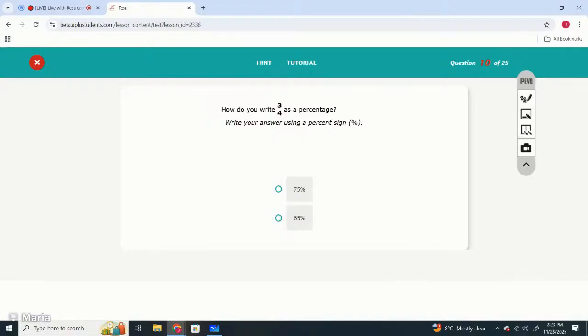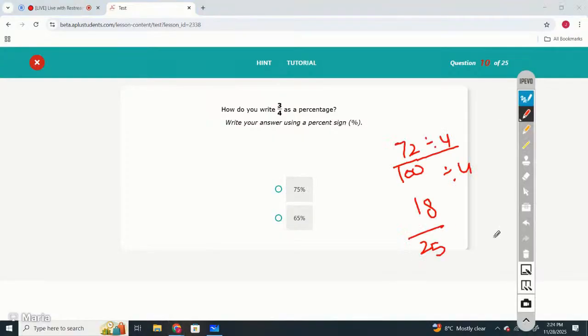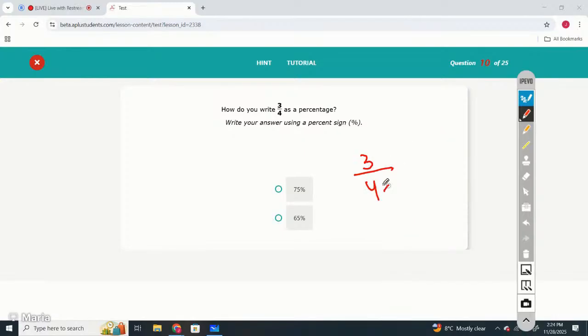How do you write 3 by 4 as a percentage? So we need to make the denominator equal to 100, right? So 4 times 25 is 100.